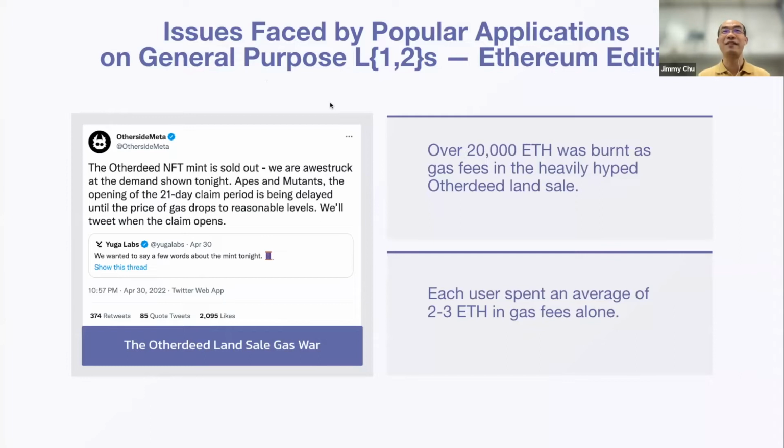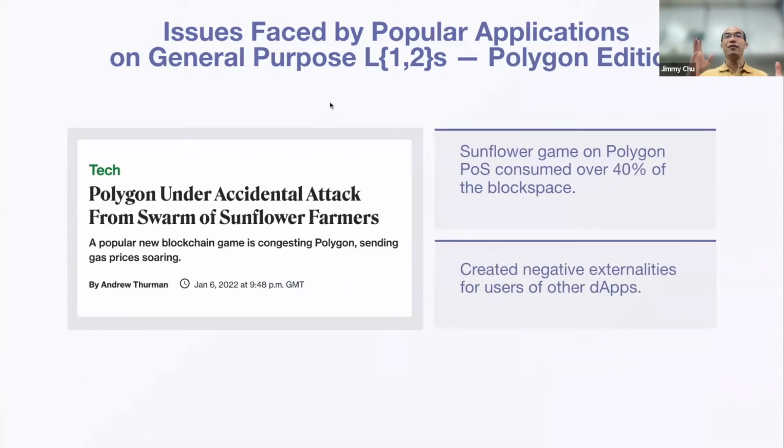So this is happening on L1, and the second story is actually happening on Polygon. Polygon is a side chain that is already trying to address the aforementioned problems, in terms of scalability, a faster finalized time, and a cheaper fee. But the same thing also happens on Polygon. Polygon came under accidental attack from another blockchain game, Sunflower Farmers.